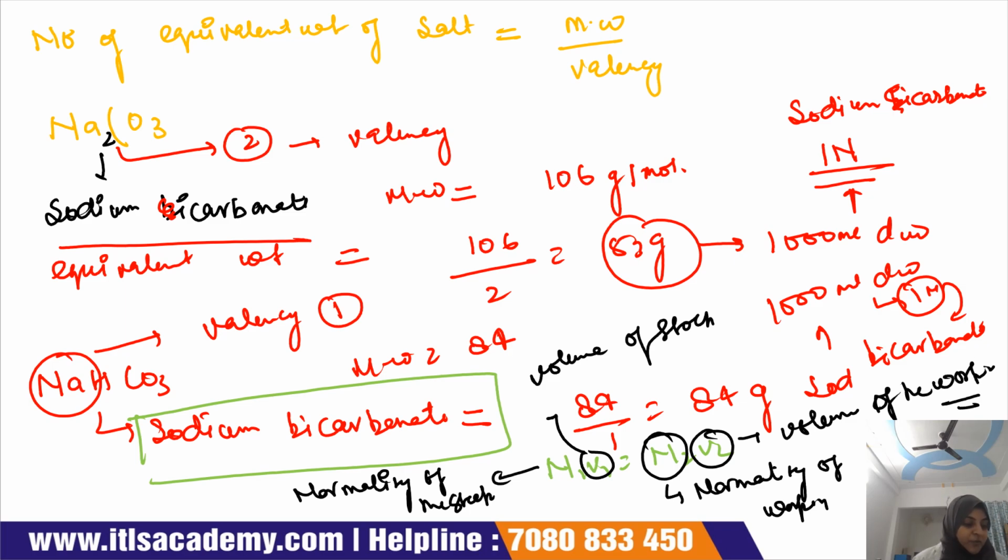When we put all these into the formula, we get the normality. This is how we calculate it.